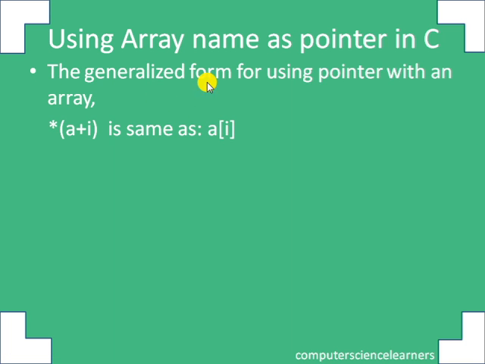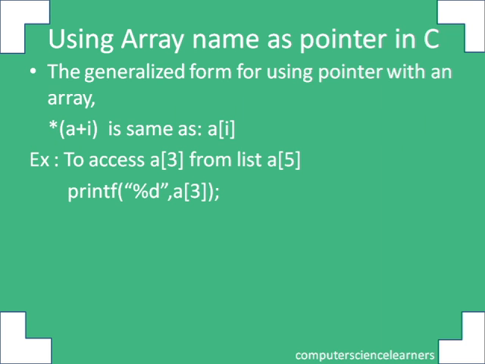The generalized form for using pointer with an array is asterisk of a plus i is same as a of i. a of i means array with some index value, a of 0 or a of 1, a of 2, like that. But instead of writing a of i, you can write value at a plus i. So we are using array name as a pointer.